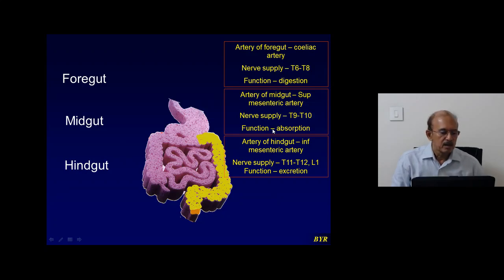Okay. You can just make a change here. Nerve supply, just add 1. This is wrongly printed here.